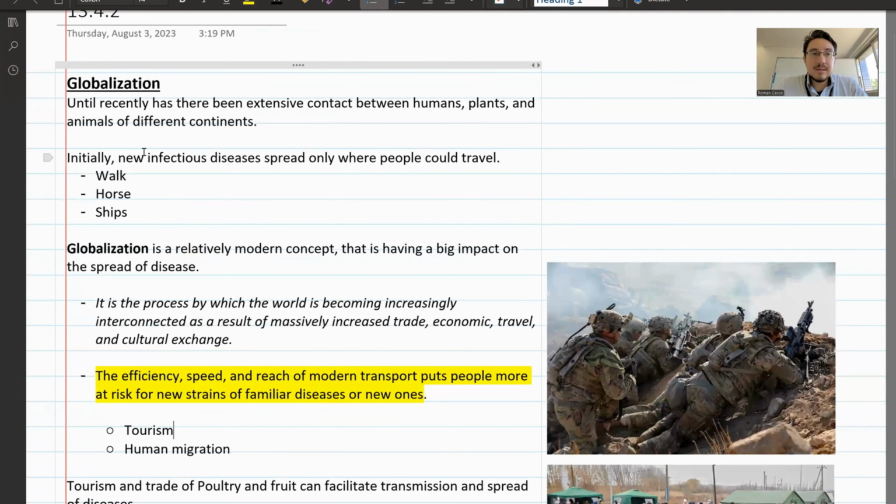One of them is globalization. And this idea of globalization is relatively recent, where you have a lot of contact between humans, other organisms, other animals, and plant species across different continents. Initially, how did we get from one place to another?